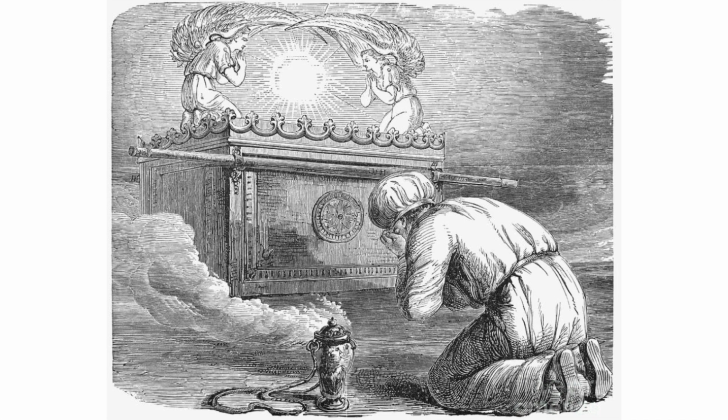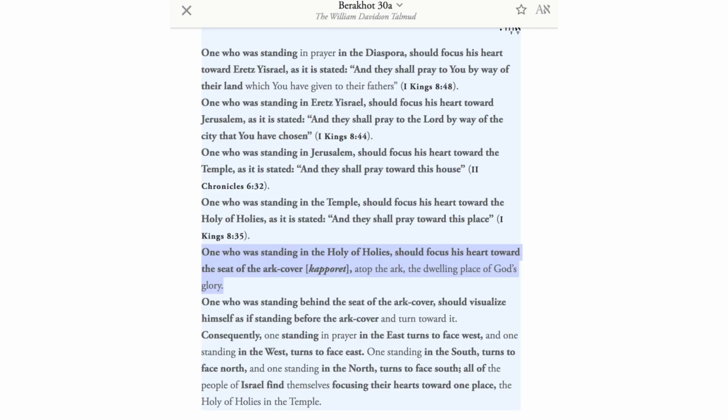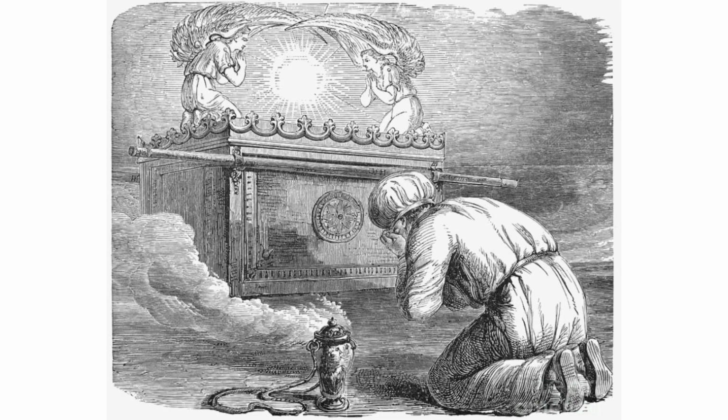And so you see in the middle here this light between the cherubim. That's supposed to be Shekhinah. That's what's meant by the dwelling place of God's glory. That's where they say the Shekhinah, which they say is God's glory, was manifested as this light between the cherubim.